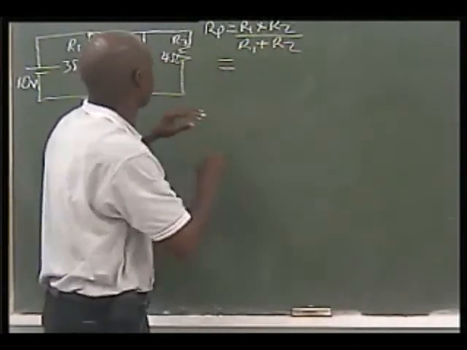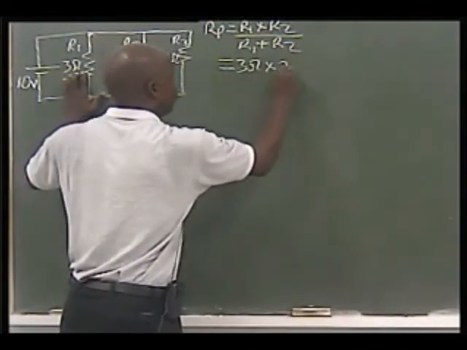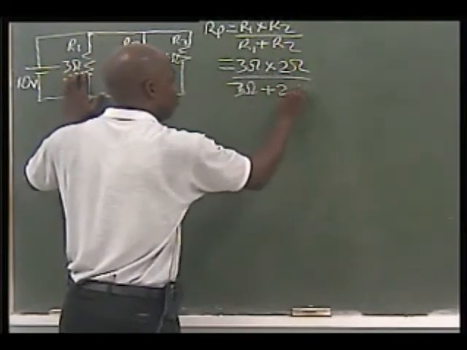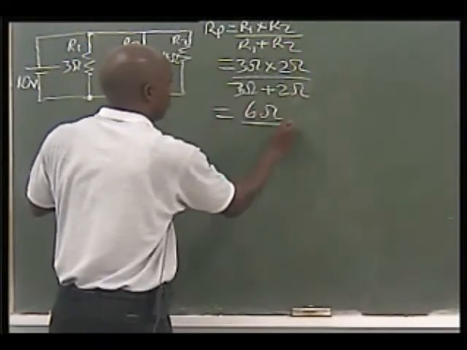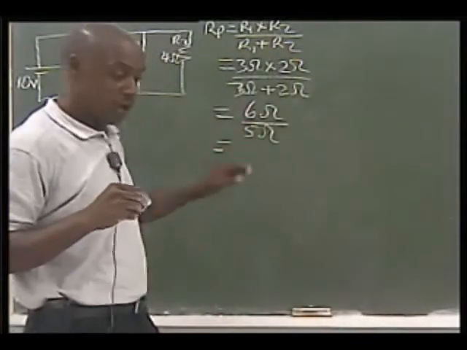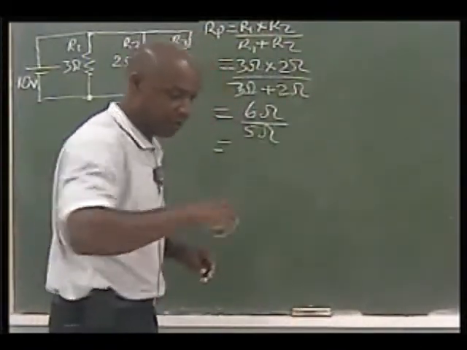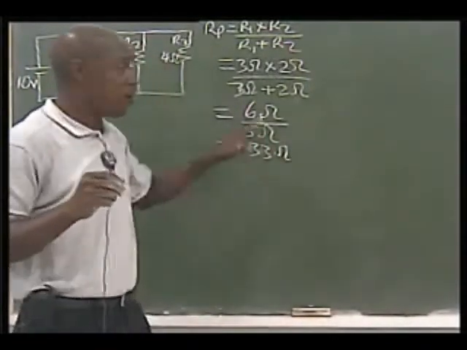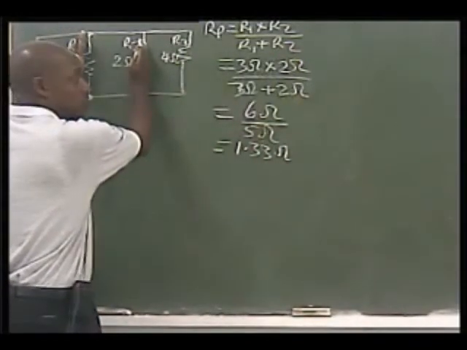And that gives us R1, which is 3 ohms, multiplied by R2, which is 2 ohms, over 3 ohms plus 2 ohms. 3 2s are 6. 3 and 2 is 5. And if we were to put this in our calculators, we will find that we get an answer of 1.33 ohms. Now, is this RT? No. This is our parallel combination for these two.